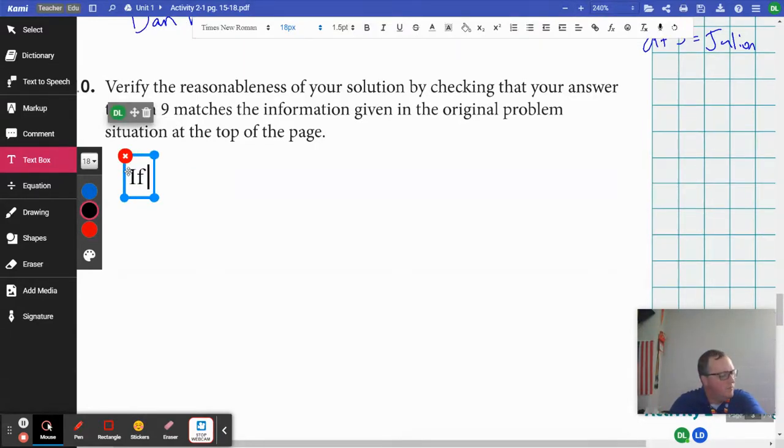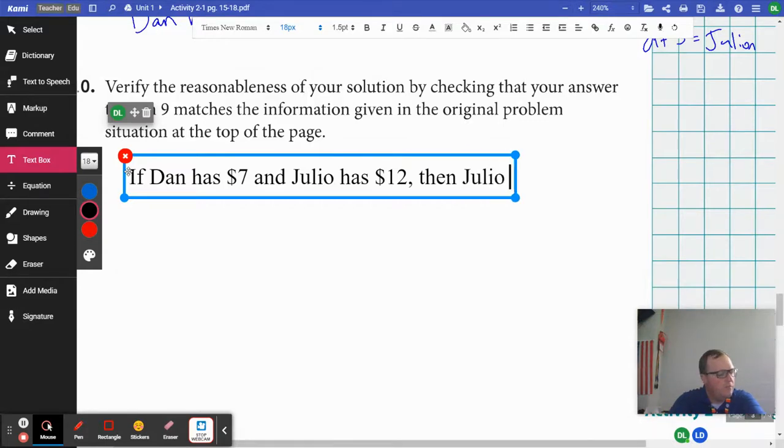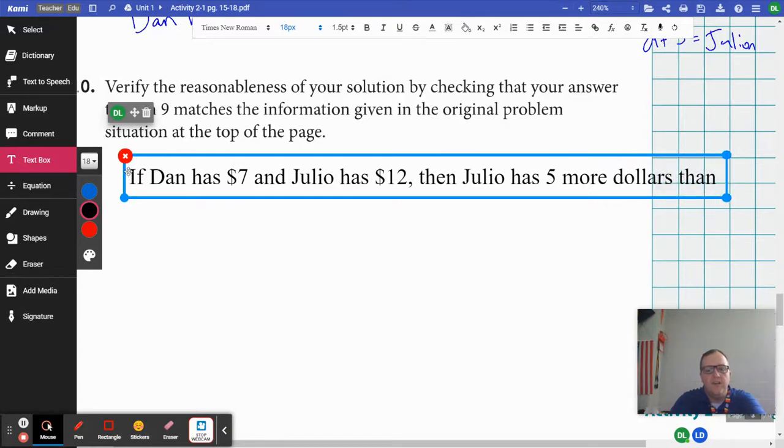If Dan has $7 and Julio has $12, then Julio has $5 more than Dan.